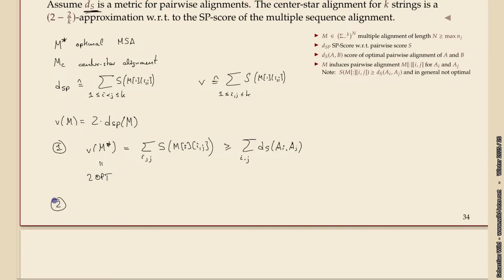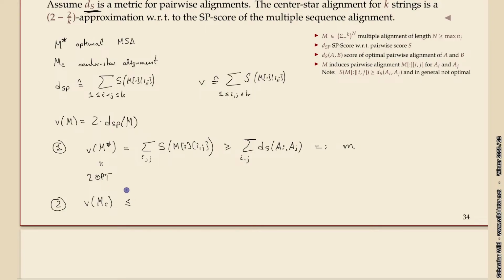Then the second step will be to show an upper bound for our algorithm, the cost for this MC. And we'll basically show that it's, let's call this, what can we call this? Let's call it little m. I think that's still free.